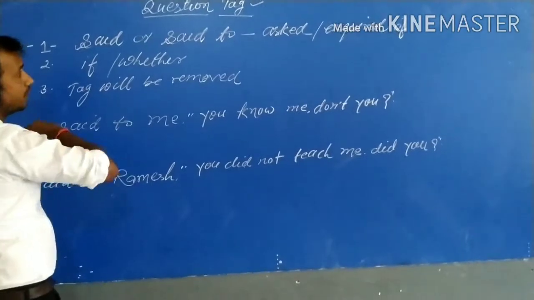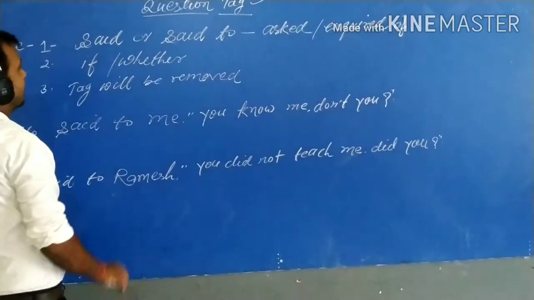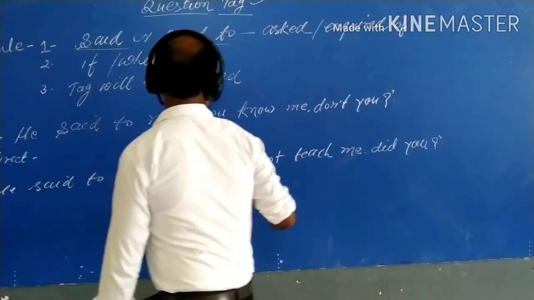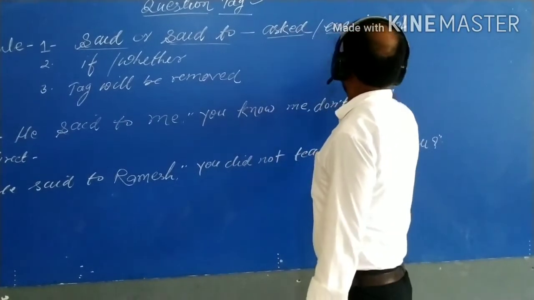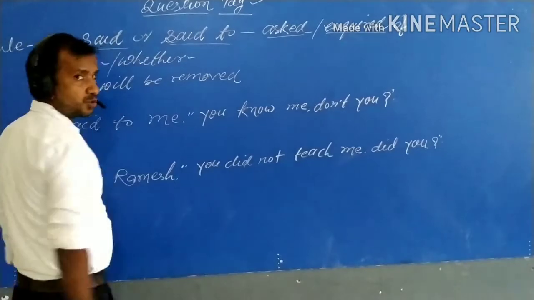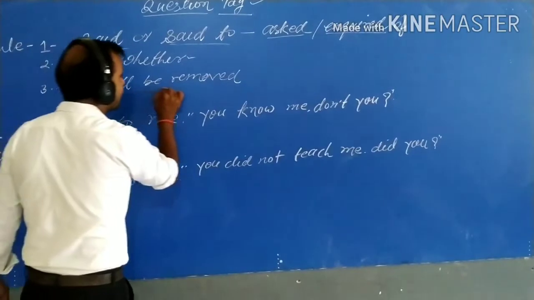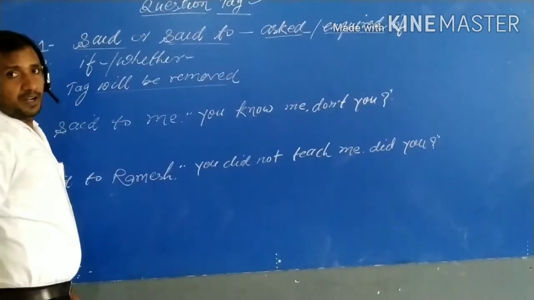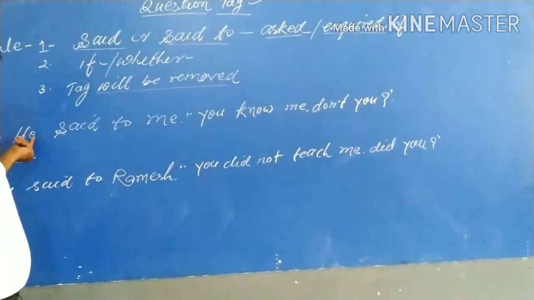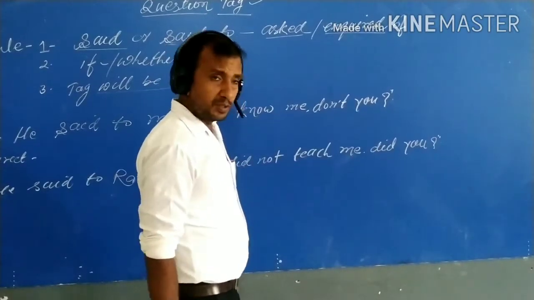Here, if we want to interchange a question tag to indirect speech, we must apply some rules, and the rules are that said or said to will change into ask or inquire of. If or whether is used to connect the reporting verb with the reported speech, and the tag will be removed. Why will this tag be removed? To prevent discussion. One example is given: He said to me, "You know me, don't you?"